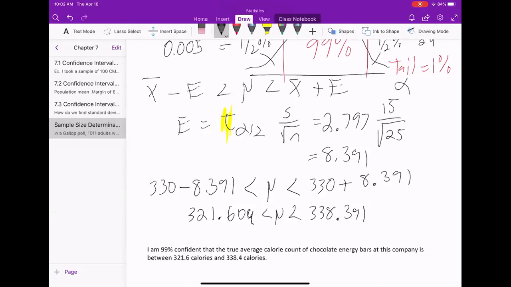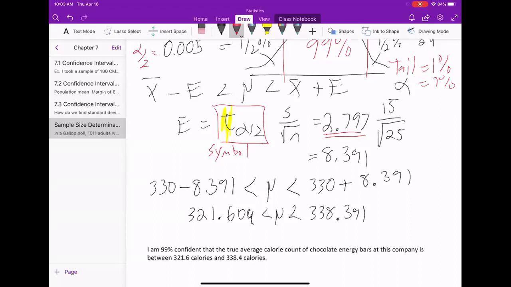Alpha over 2 is equal to 0.005, because alpha is equal to 1%. So the T says, what is the critical value at that percentage? And that is 2.797. So just think of this as a symbol, but it is a symbol that tells you what you have to do as well.